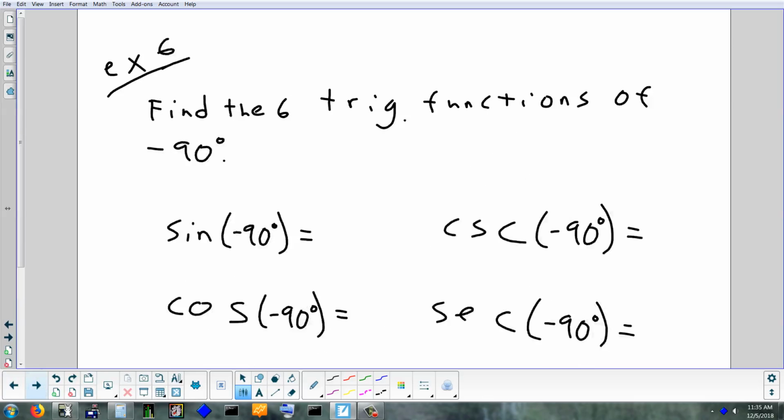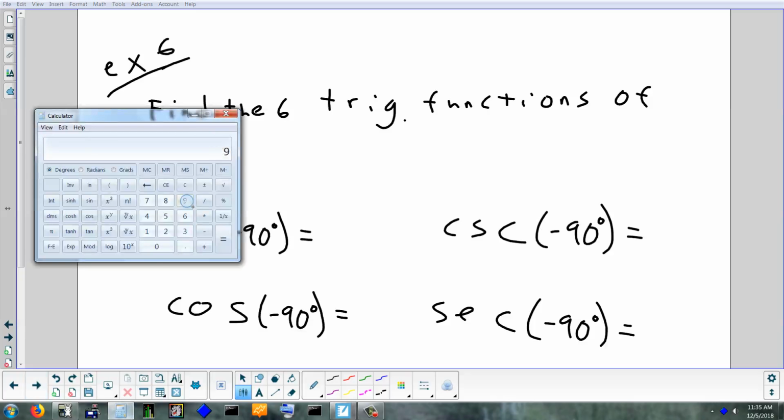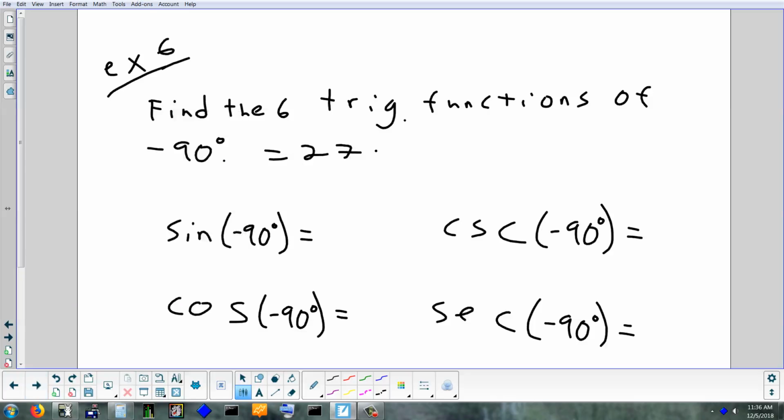Okay, let's look at this one, -90. Okay, I like that it's in degrees, but what do you think I don't like about that angle? It's negative, so how can I fix it? Add 360. I get 270. So again, this is a third way of asking the same question. -90 is exactly the same as 270.